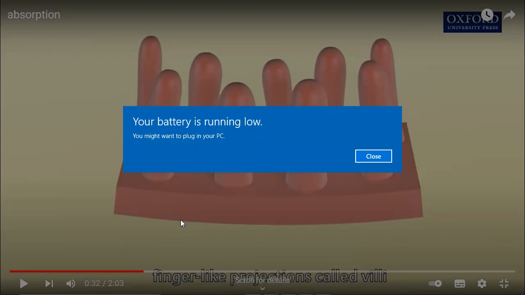So villi are finger-like projections present in the small intestine, especially in the region of the ileum, and they increase the surface area for absorption.